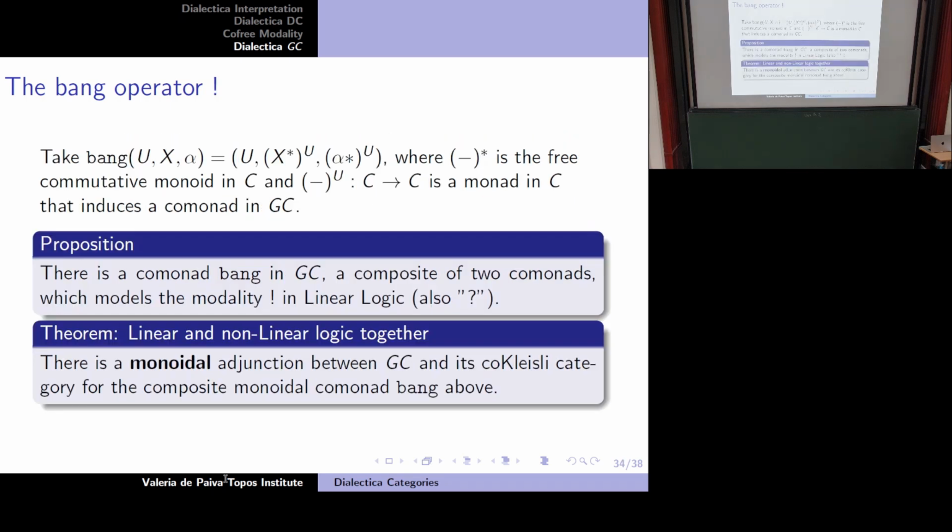So you end up where you want to be, that there's a monoidal adjunction between this GC and its co-Kleisli category for this composite comonad bang above, and you see what the new comonad is doing. It's doing the same that it was doing before, X to the star, but it's also taking function spaces into it, so complicated.